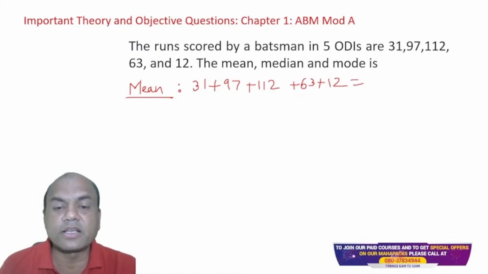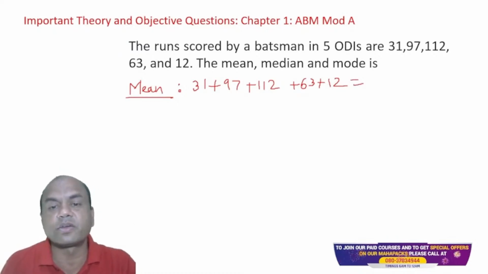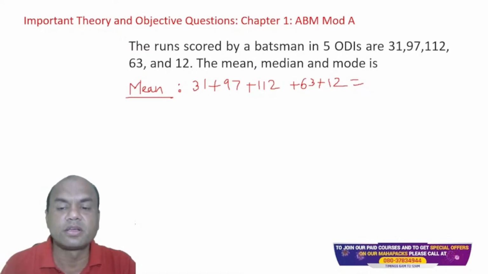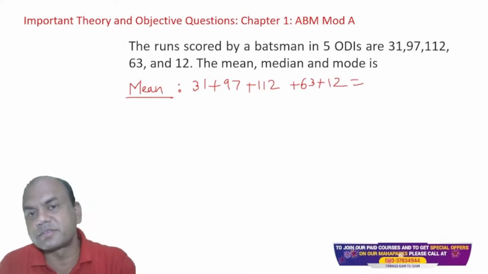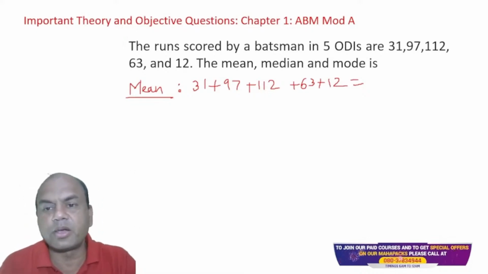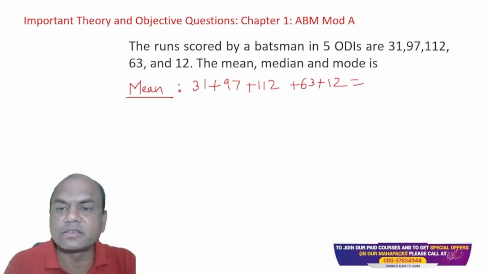First, I want the answer in the comment section from you. 31 plus 97 plus 112 plus 63 plus 12. So the answer you get is how many? Yes. Comment section. Everyone. 315.